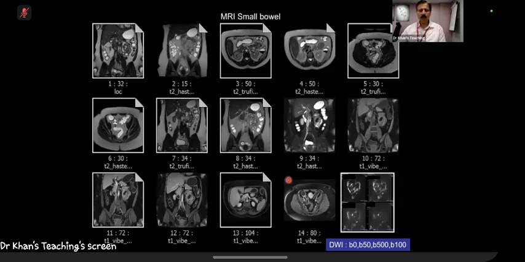Basically, we give about 1300 ml of mannitol over a span of about 90 minutes or so. The idea is to distend the small bowel with fluid, and we give then Buscopan, and we do scanning. The sequences which we do include T2s, 2 different types of T2s, and we do a fat saturated T1, and then post contrast we do coronal as well as axial.